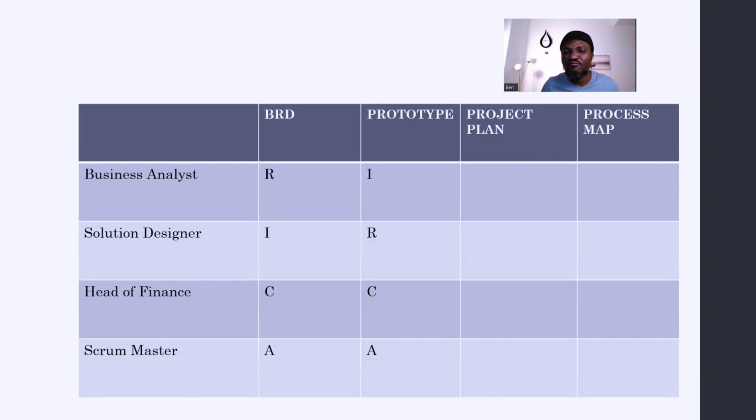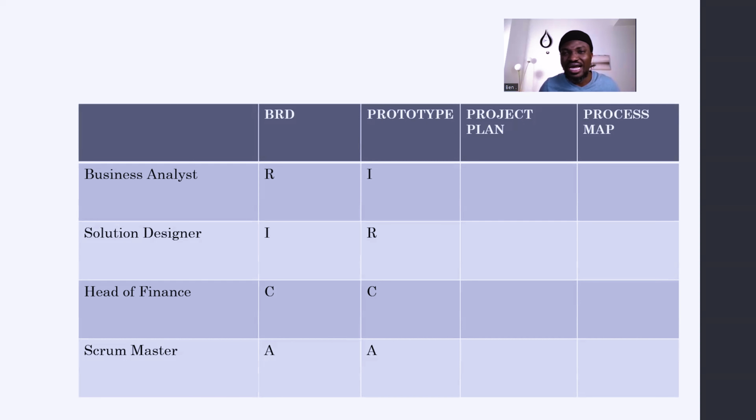Now, who is to be informed in respect to the BRD? You would agree with me that it is possible that at the end of putting together the BRD document by the business analyst, the solution designer wants to make use of this document in order to initiate their own process. And that is why, based on the stakeholders that we have on this list, we have agreed that the solution designer, to a large extent, needs to be informed.